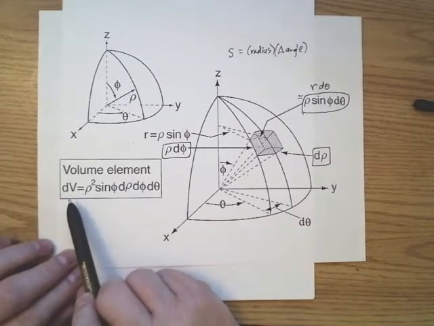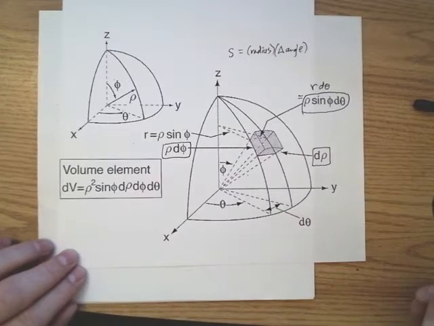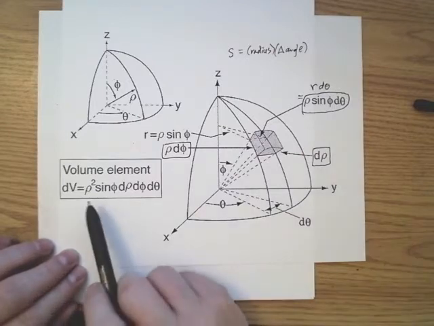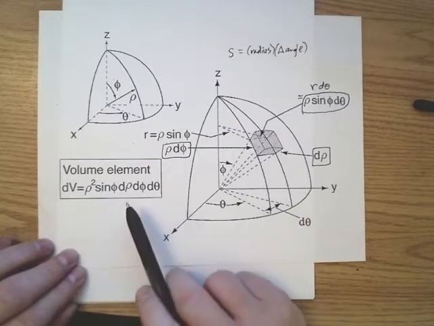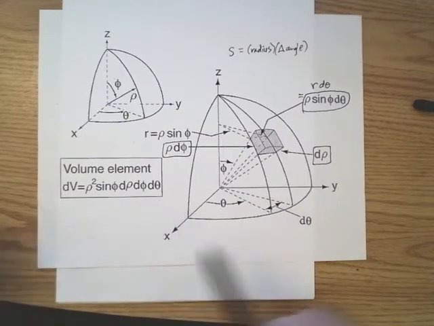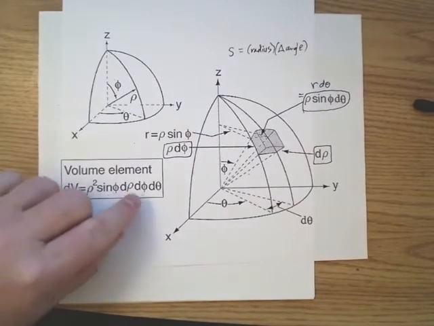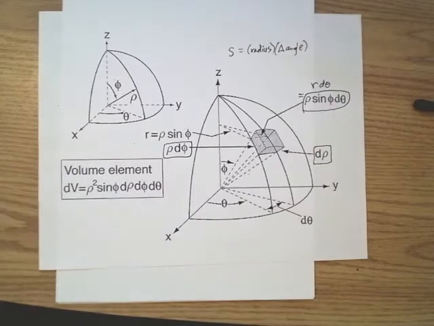It's okay to write dV in the beginning, but if you're using spherical coordinates, ultimately you're going to have to write rho squared sine phi, and then d rho d phi d theta in some order. This is pretty much the typical order for most of our problems: rho first, phi next, and then theta at the end.